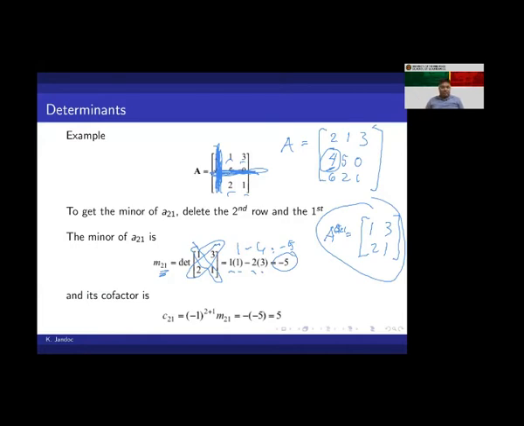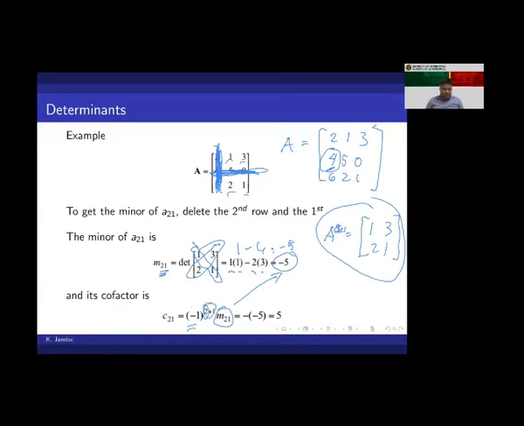Now the next step is to find the cofactor associated with that entry A21. Again, the cofactor is defined as simply the minor, the one we computed earlier, which is negative 5, multiplied by negative 1 raised to the sum of the address, so negative 1 raised to 2 plus 1.